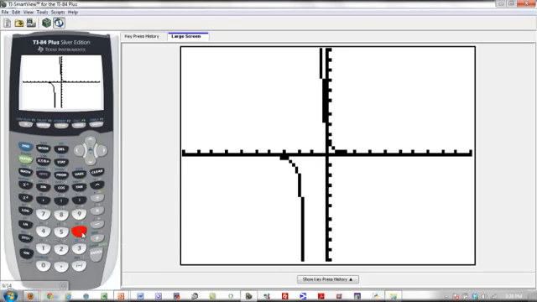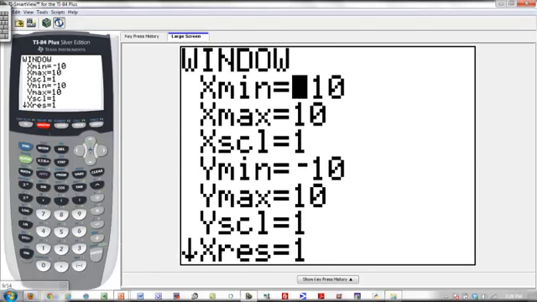You know what? I don't think I need to look at this in a standard viewing window. I think I need to look at it only on the interval that I'm interested in, from negative 0.1 to positive 0.1. Okay, window, negative 0.1 to positive 0.1.